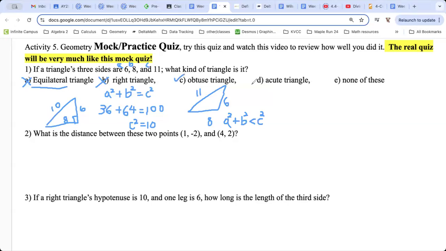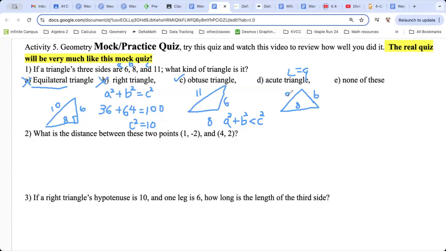All right, so how do you have an acute triangle? Let's say C is equal to 9, with the other two sides being the same. So that's 6 and this is still 8. Now, as you can see, if it's 10, it will be a right triangle.